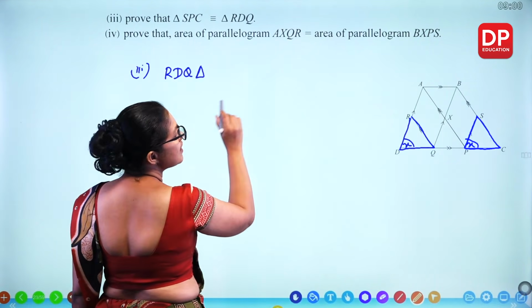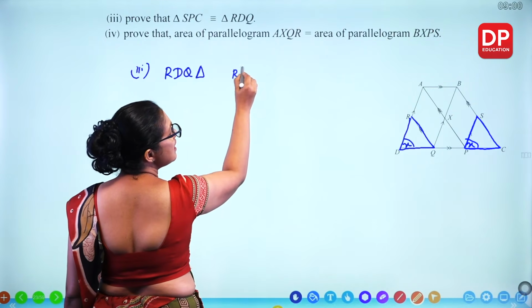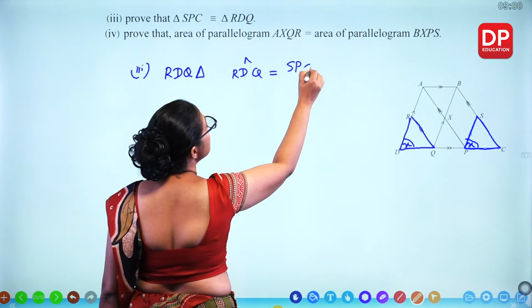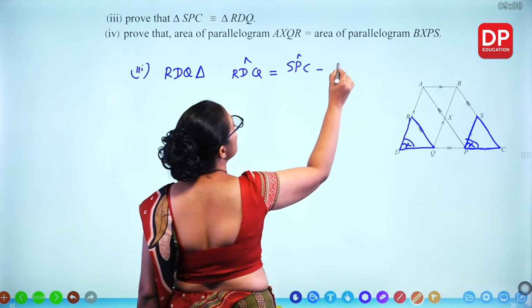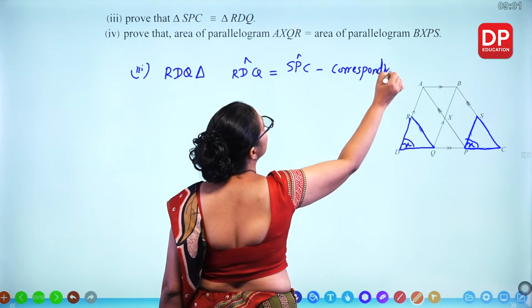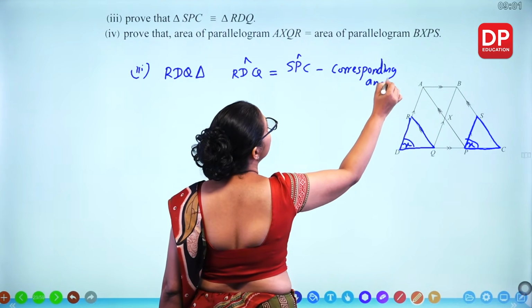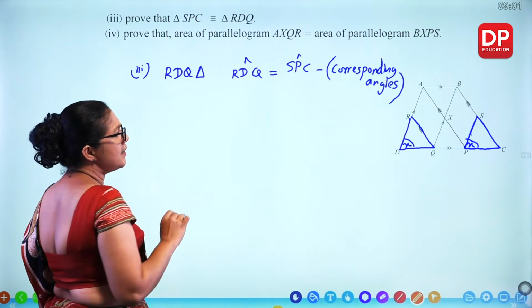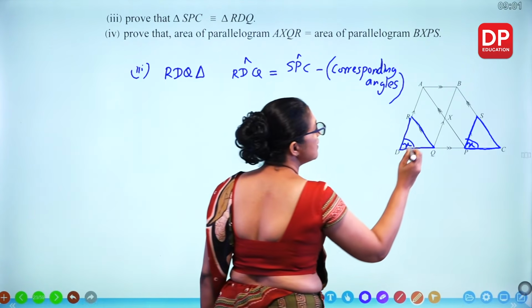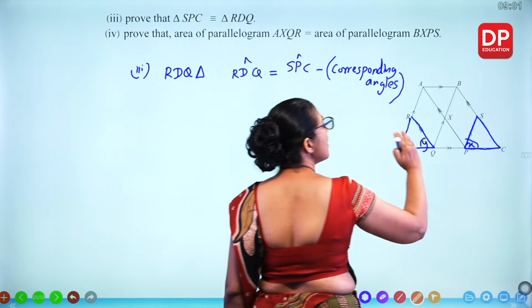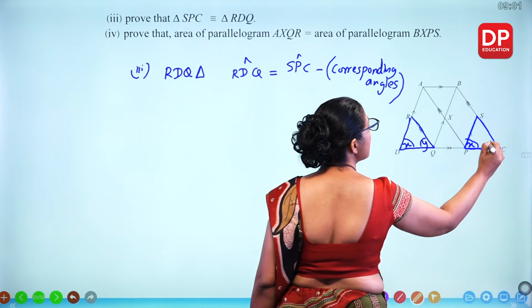We can write angle RDQ is the same as angle SPC because they are corresponding angles. Then this angle, this one, y. If this is y, you are getting the same angle here.